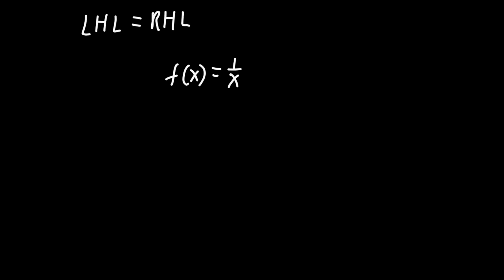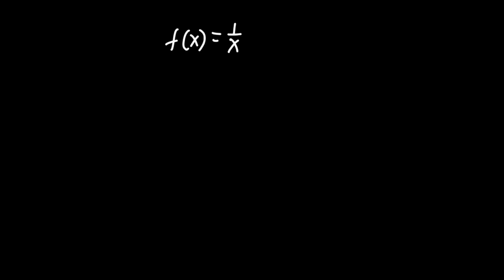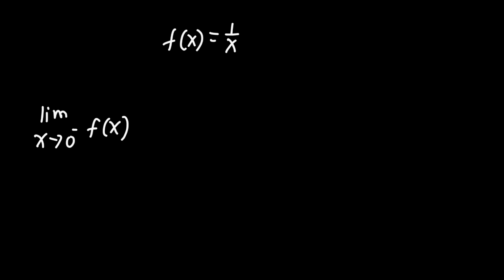Next, since we want to test both one-sided limits, let's start with the one-sided limit from the left-hand side, f of x. Since x approaches 0, we want to pick a number first that is near 0.